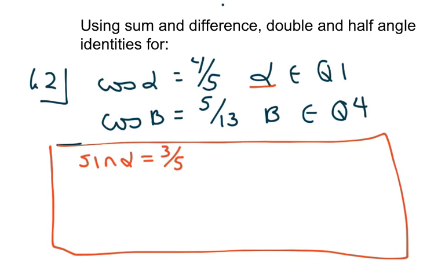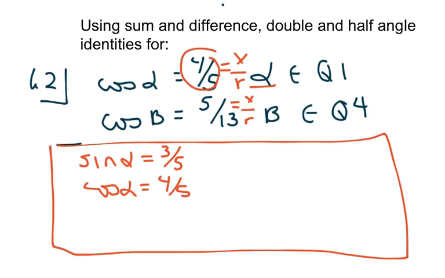Remind yourself that this is x over r, and this is a triple. So for your Pythagorean triples, you know it's 3, 4, 5, and this one would be 5, 12, 13. If you don't know it, you'll have to use the Pythagorean theorem and find them, but you should know these by now. So we know cosine of alpha equals 4 over 5.